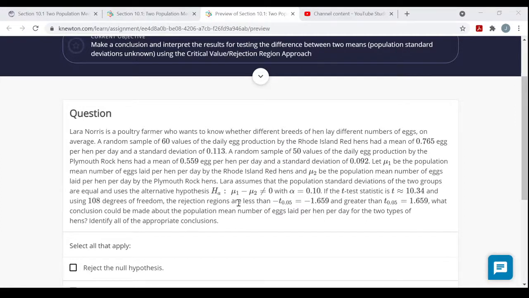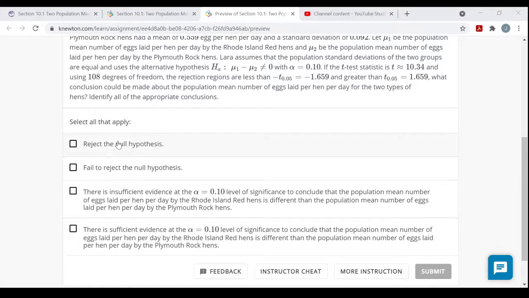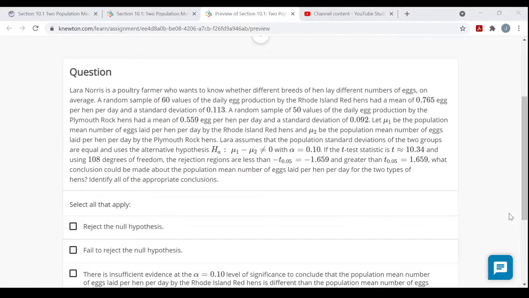The rejection regions are less than a t-score of negative 1.659 and greater than a t-score of positive 1.659. What conclusion could be made about the population mean number of eggs laid per hen per day for the two types of hens? Identify all appropriate conclusions. So you're selecting either reject the null or fail to reject the null, and then you're going to select one of these two things, depending on what the proper interpretation should be.